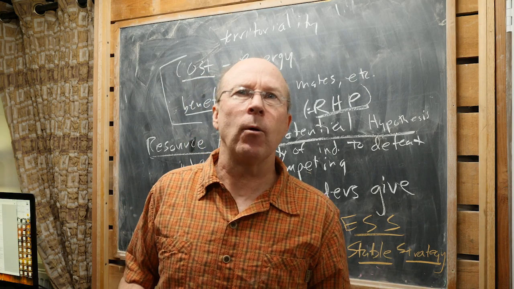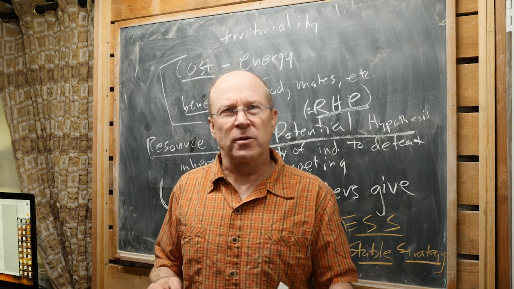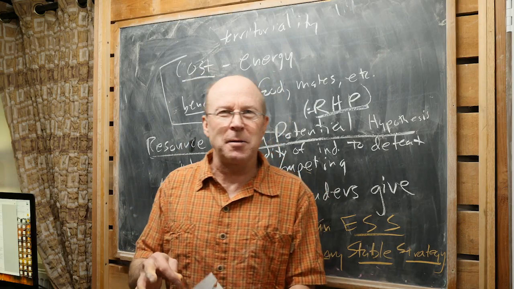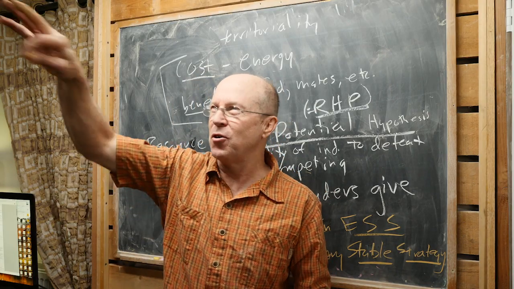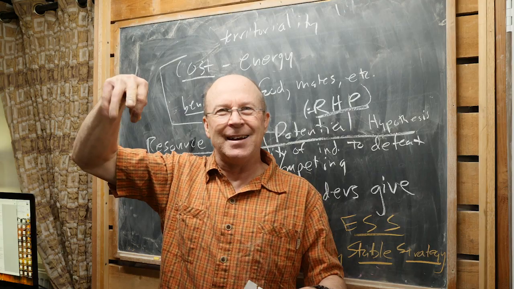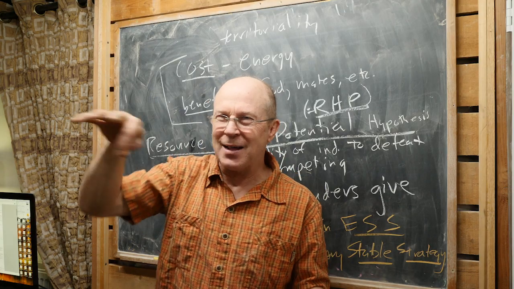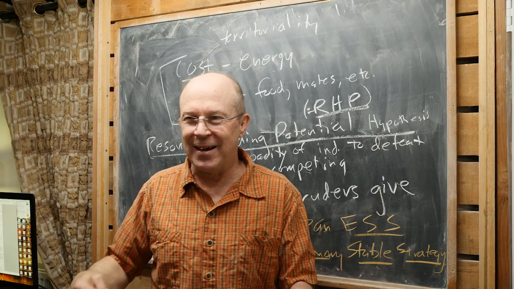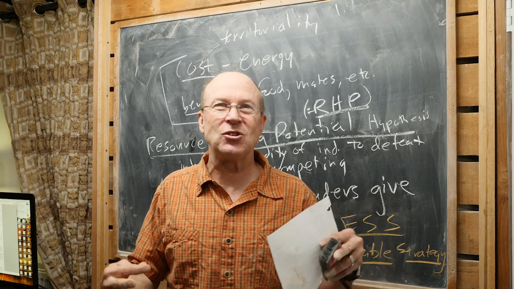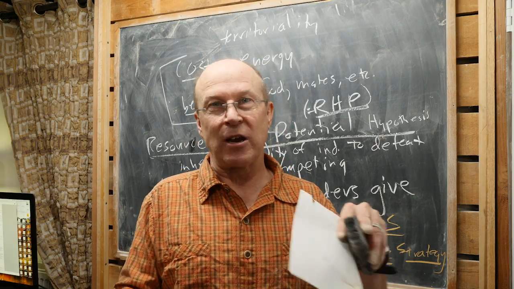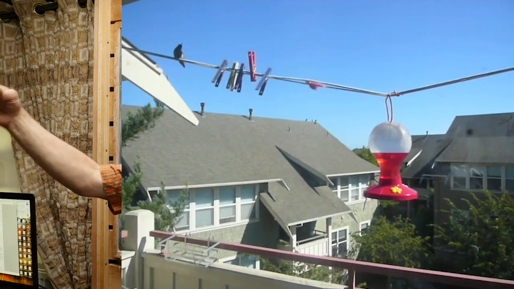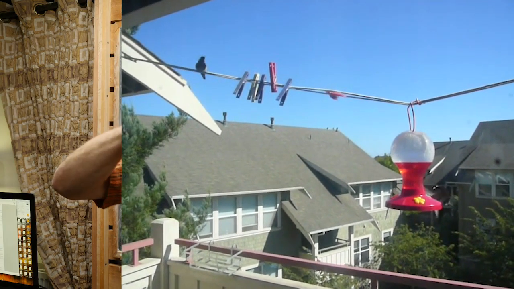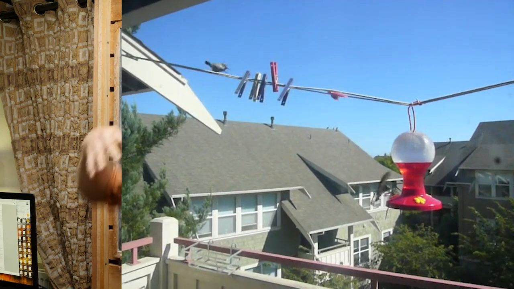I'm thinking of another one right now: hummingbirds at a feeder. This is just kind of backyard animal behavior. You have one of those little feeders with nice little nectar pots, and usually there's a bully, and they might not even be in the same species. So this could be an example of intersexual territoriality as well. Somebody comes in and starts to sip, and then the big bully's like, boom!